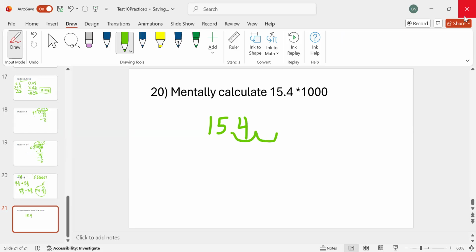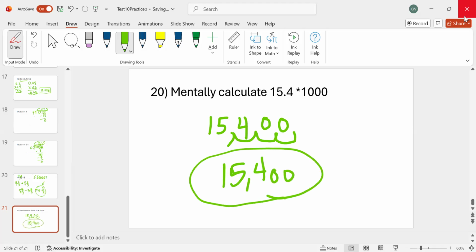You multiply it by 100, you get 1,540. And if you multiply it by 1,000, you should get 15,400. So 15,400, because you are moving the decimal place over 1, 2, 3 places. So 15.4, 1, 2, 3 places, giving you 15,400.